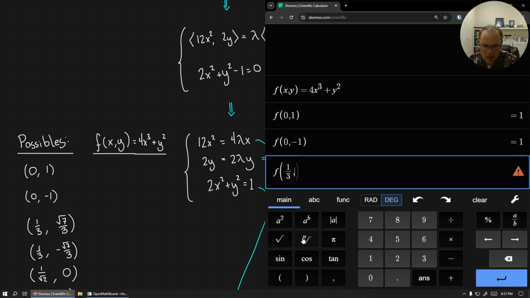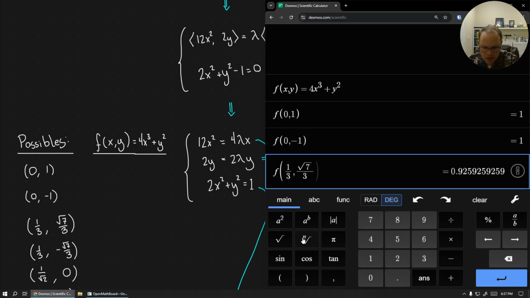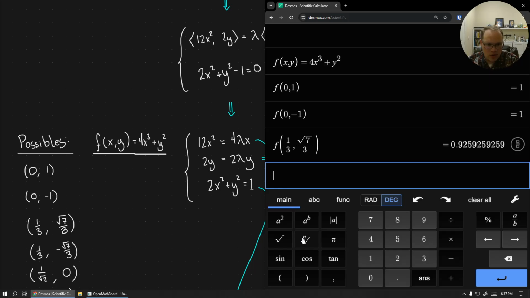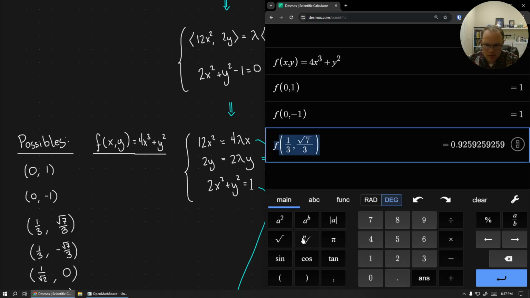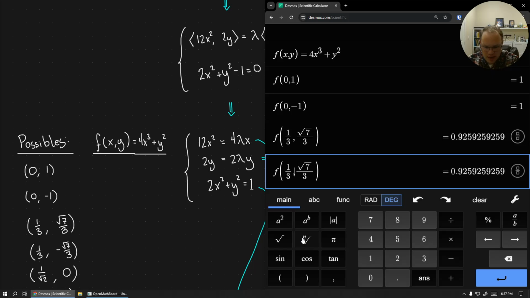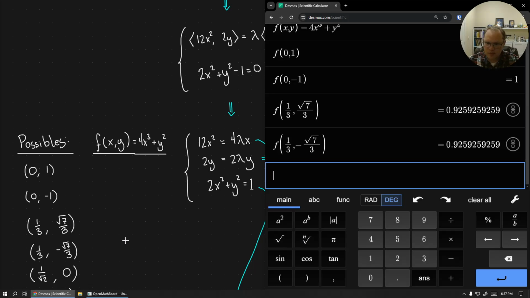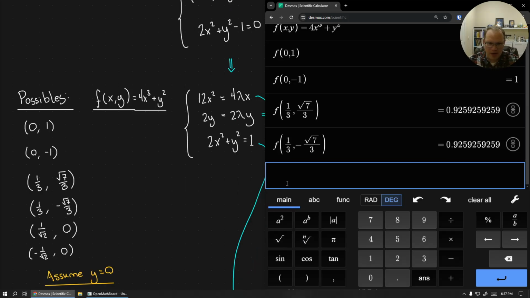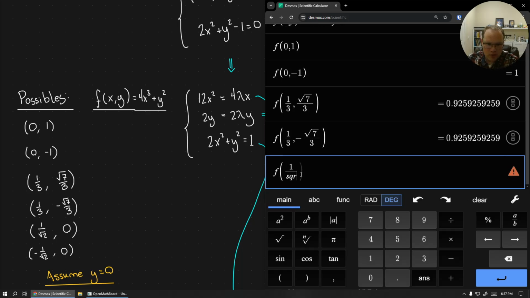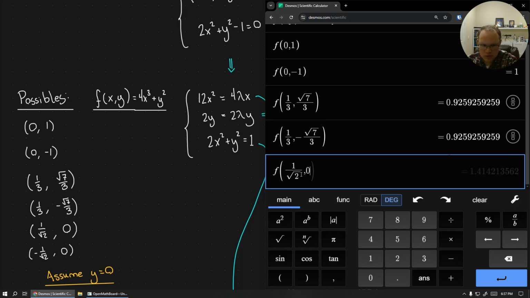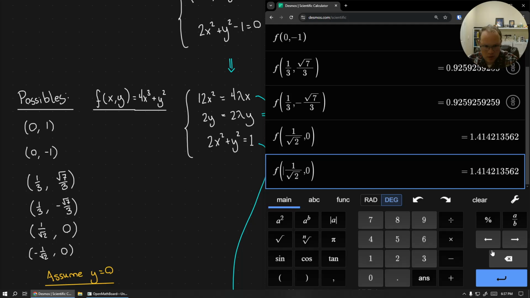Then (1/3, √7/3), and the same thing, just with negative √7/3. And then finally, (1/√2, 0) and (-1/√2, 0).